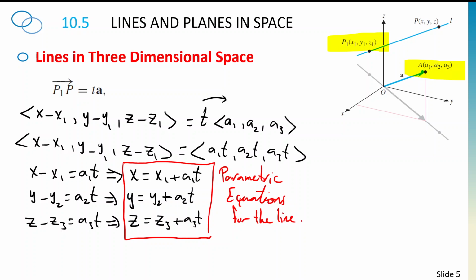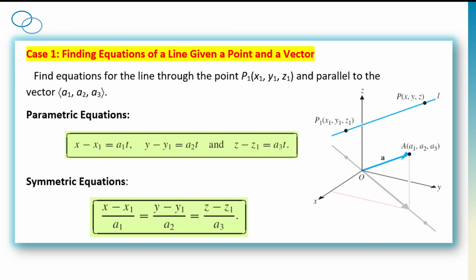These are three equations, what we're going to call from now on the parametric equations. This is the first case, the minimum requirement: a point and a parallel vector.